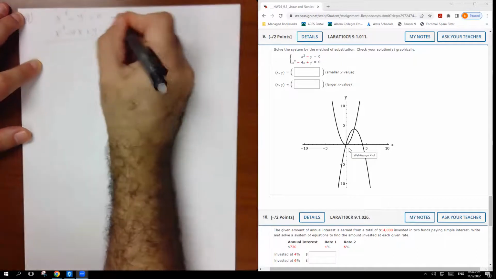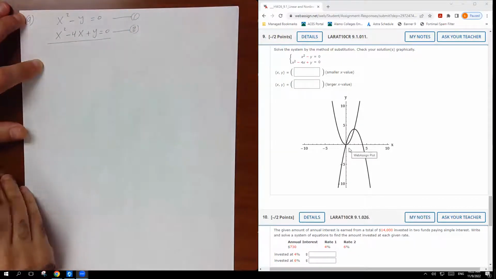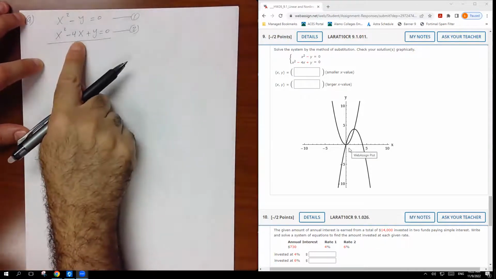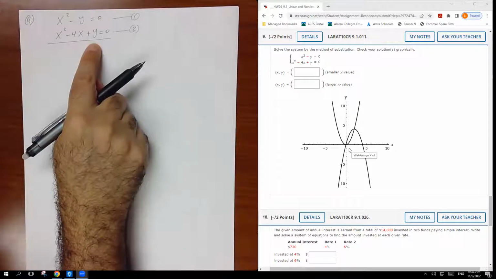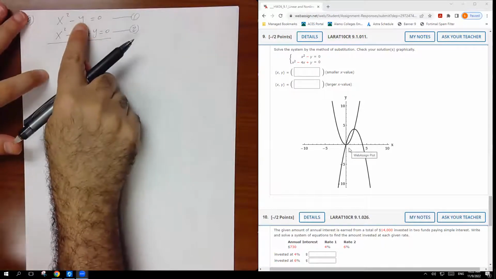So this is the first equation, and here is the second one. Now I'm gonna look which one is easier to solve. If you look at the second one, it's hard to solve for x or for y. You can solve it for the y, it's gonna be okay, but the first one is easier.